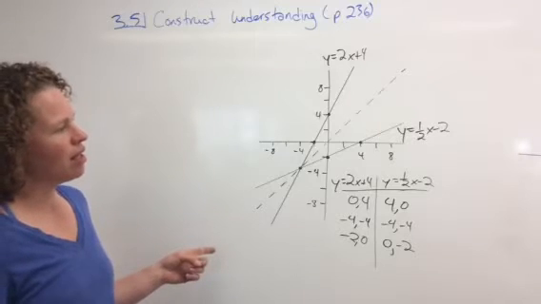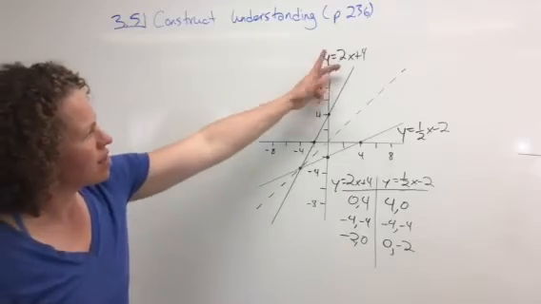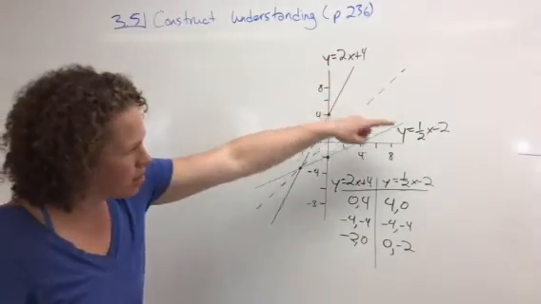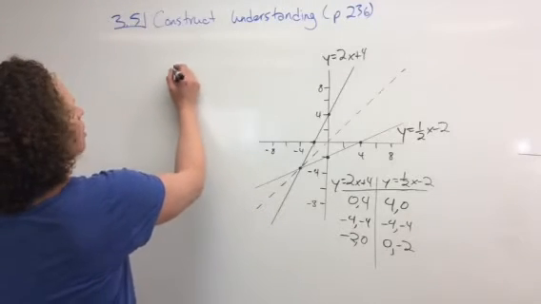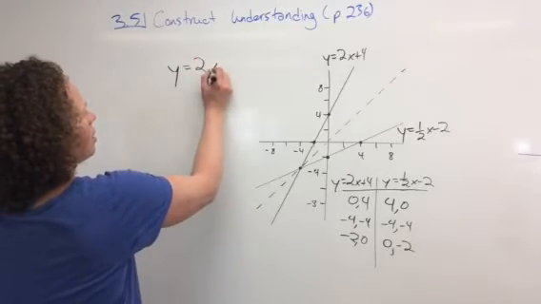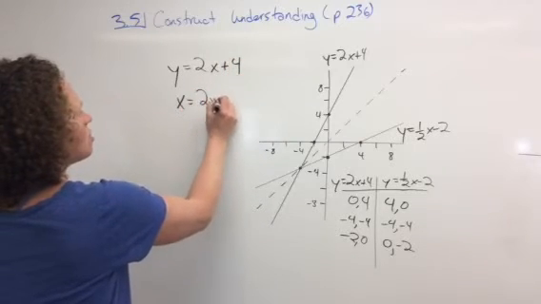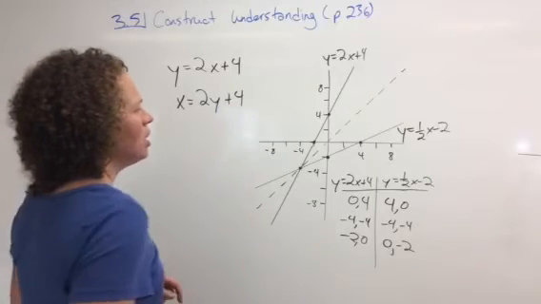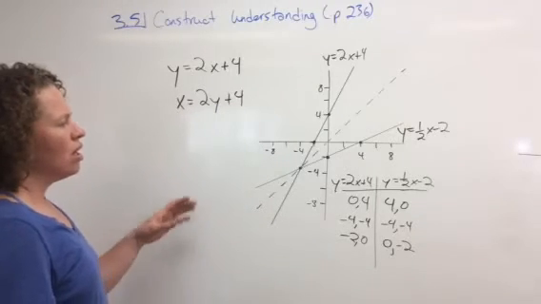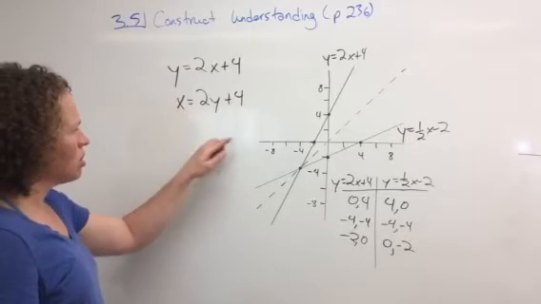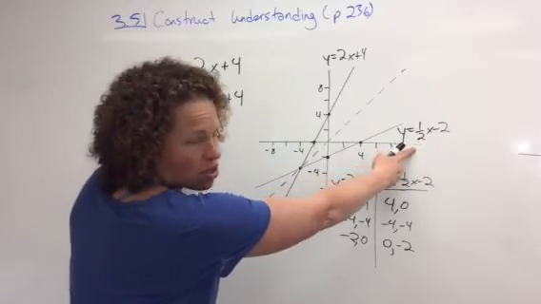Now there's one more little trick. If I switch these in the formula, I should be able to come up with that equation. So if I were to take y equals 2x plus 4 and change it so that x equals 2y plus 4, then algebraically, and that's why they did the get started thing, you're going to be able to switch this around to make it equal to y, and then see if it's the same as that equation.